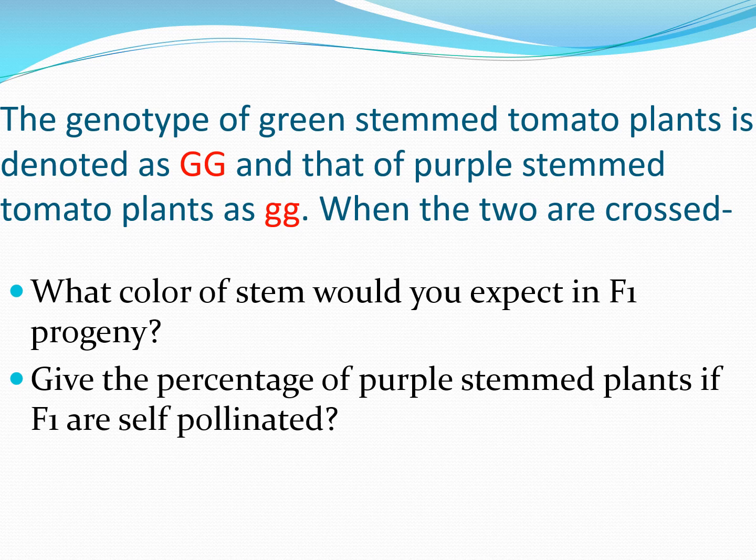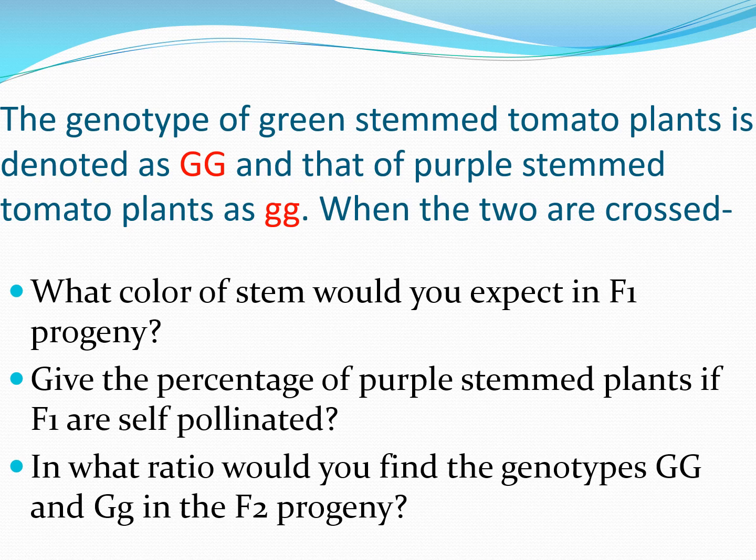Then one small g, small g, that is homozygous recessive, that is purple. So your question, give the percentage of purple stemmed plants if F1 are self-pollinated. So it is 25%. Percentage of purple stemmed plants in F2 generation is 25% or 1/4, because out of 4 offsprings purple is only 1, so 1/4.